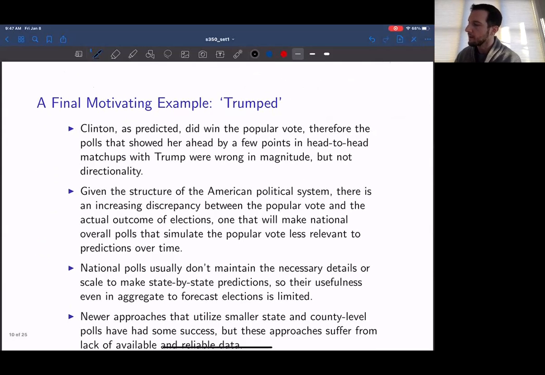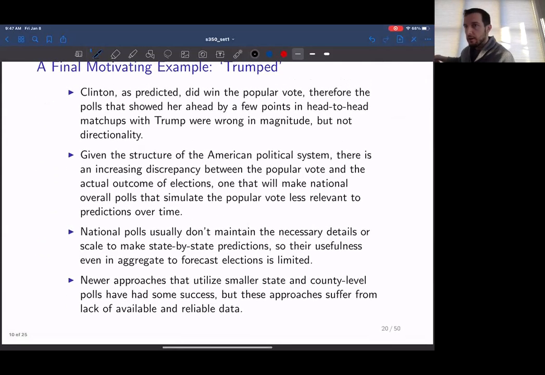Now, the other issue is, given the structure of how the American political system works, and I think it's similar to how the Canadian system works in some cases, because we also have the ridings, and you have to win the ridings and the first past the post thing and all that. Given the structure, there is a discrepancy between how the popular vote and the electoral votes actually align.